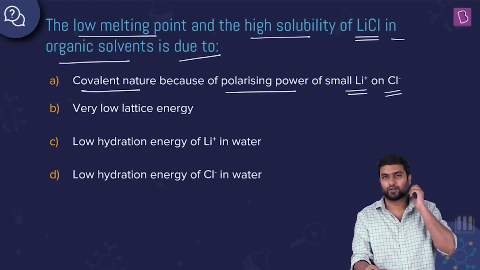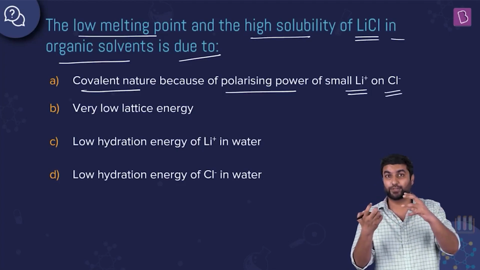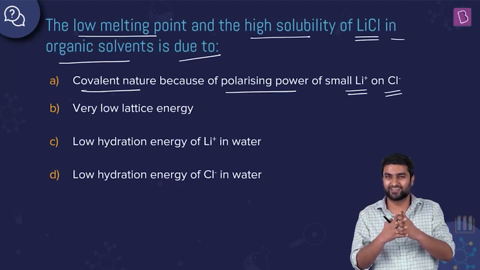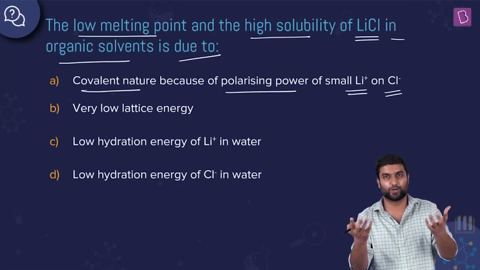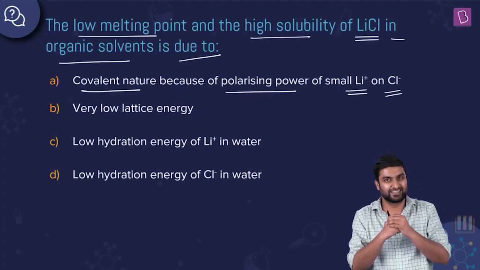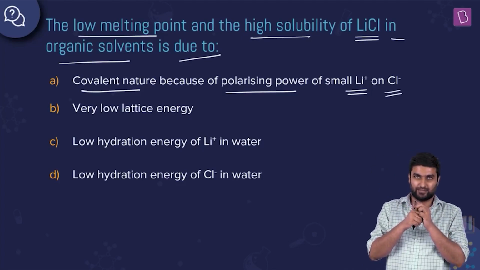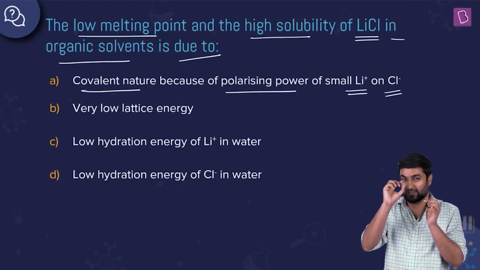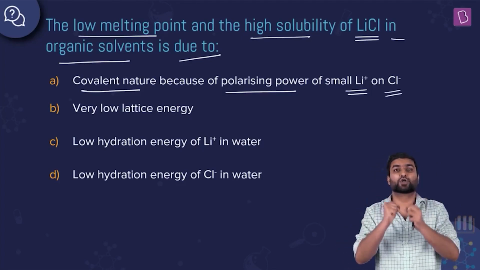Because Li+ and Cl-, well, theoretically we thought they would be ionic. And an ionic compound would readily dissolve in a polar solvent because the solvation would be very easy. But the small size of Li+ gives it a high charge concentration.